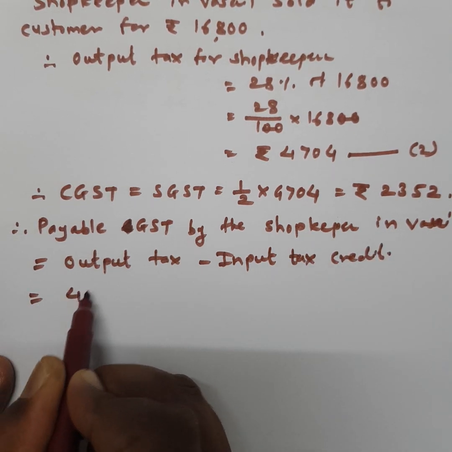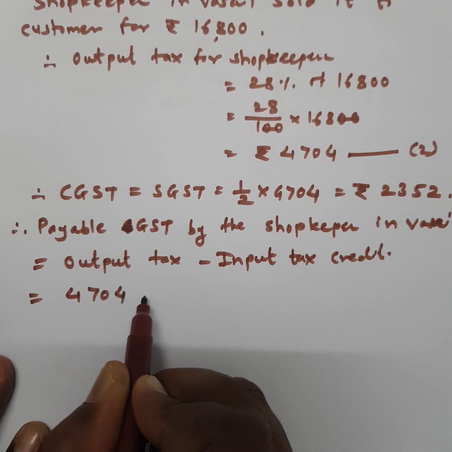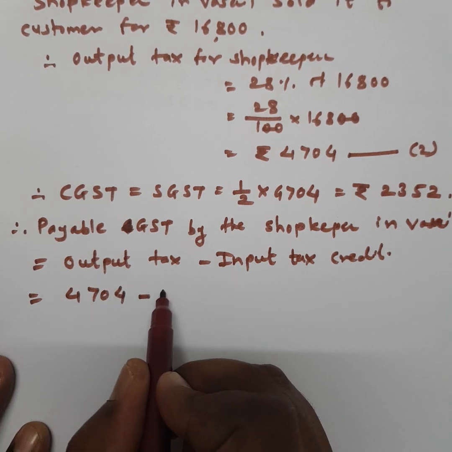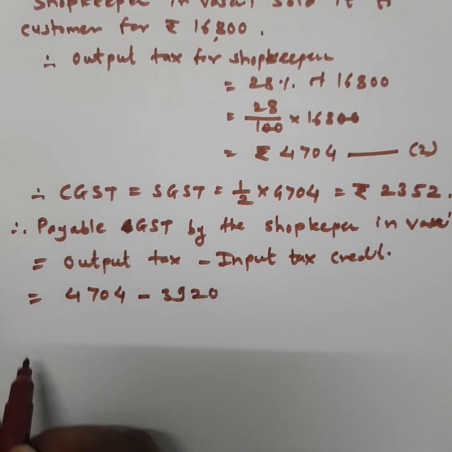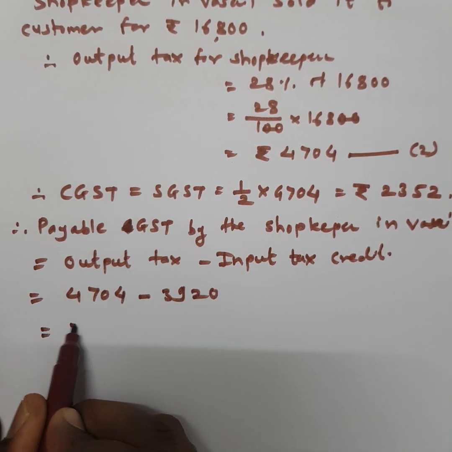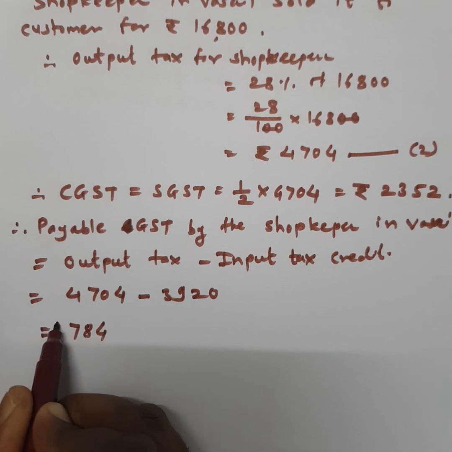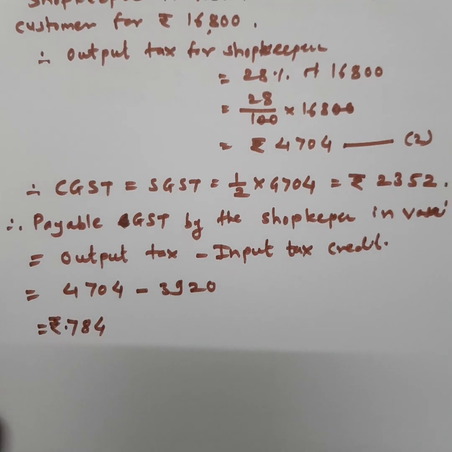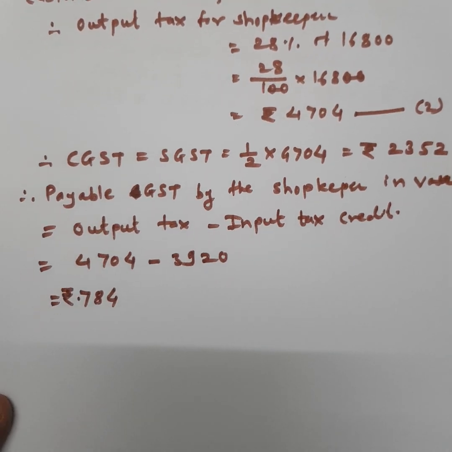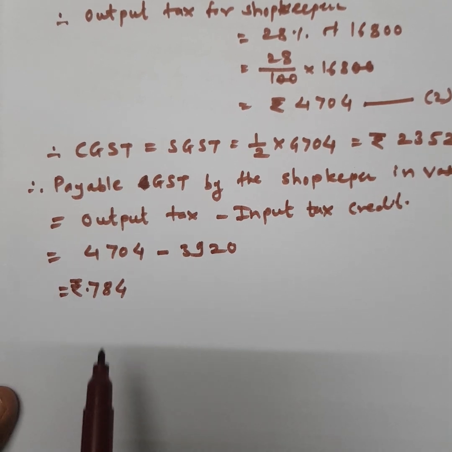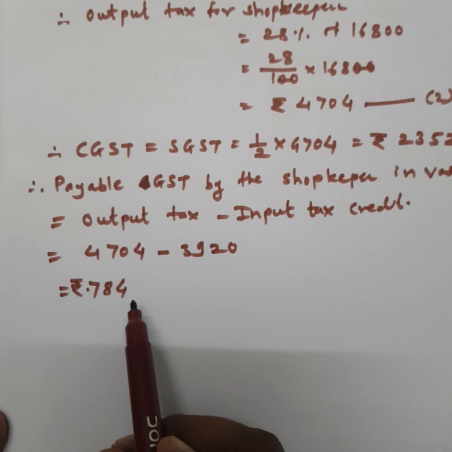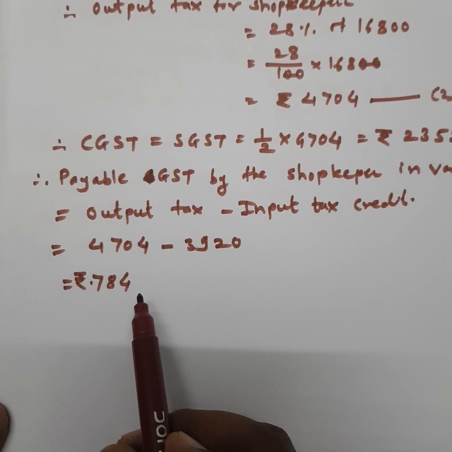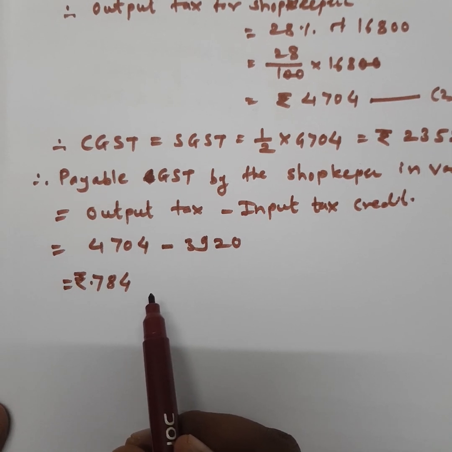Output tax 4,704 and input tax 3,920. This subtraction will be 784 rupees. Therefore, total GST payable by the shopkeeper is 784.